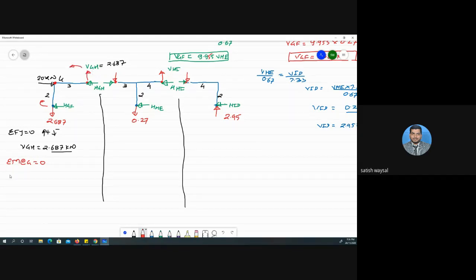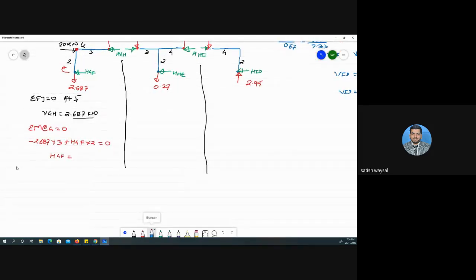It is anti-clockwise, so minus 2.687 into 3 plus HGF into 2 is equal to 0, and that will give you HGF, 4.03. Very good.